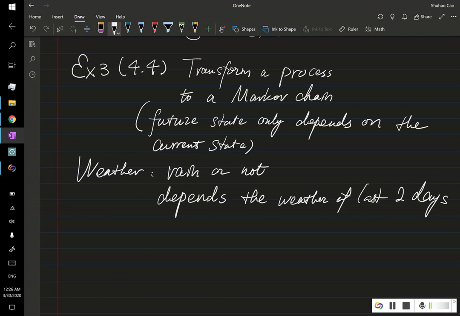So how do we transform this stochastic process to a Markov chain?